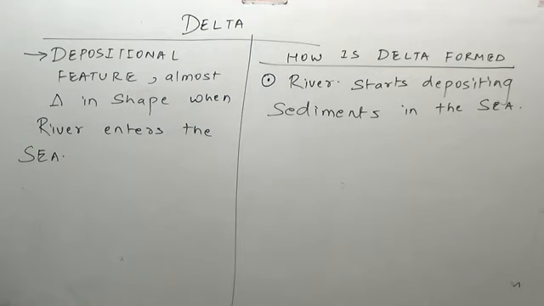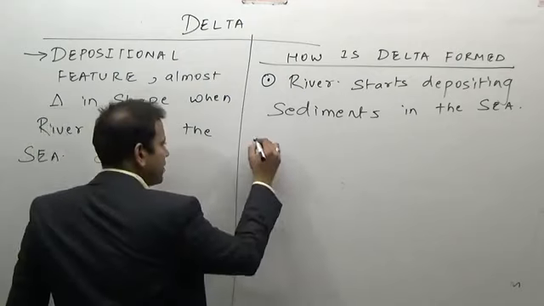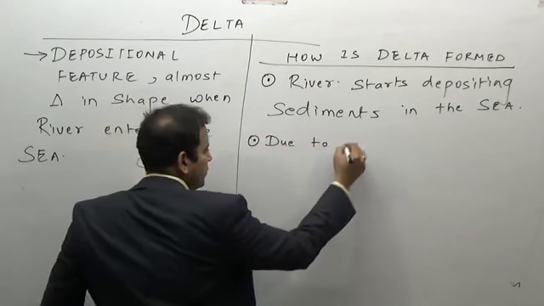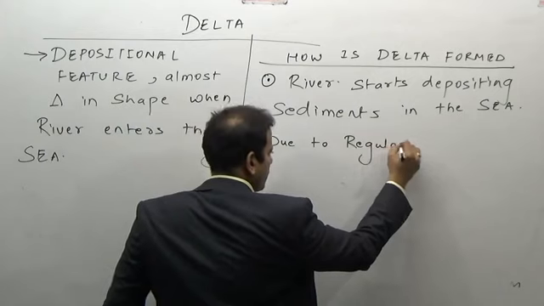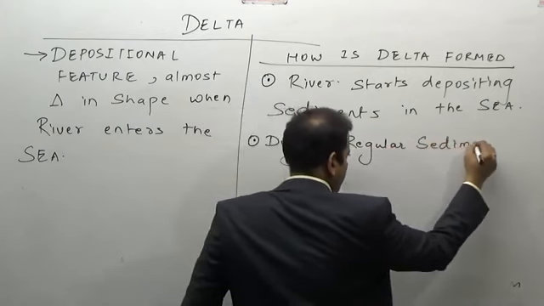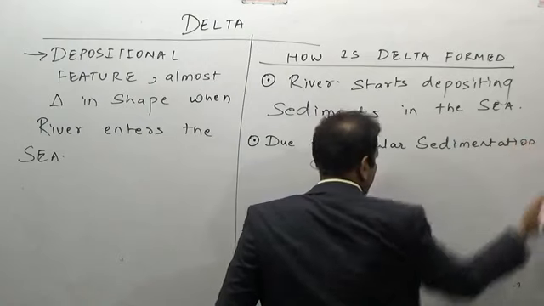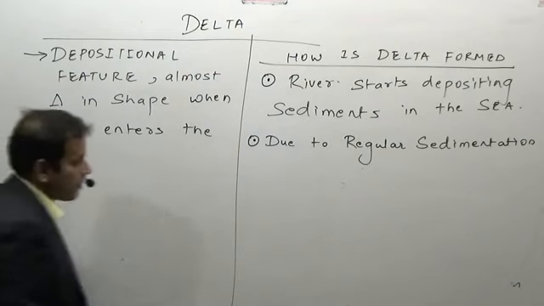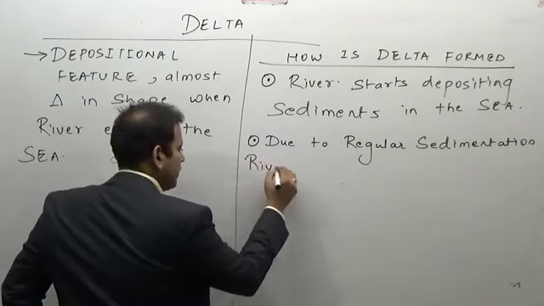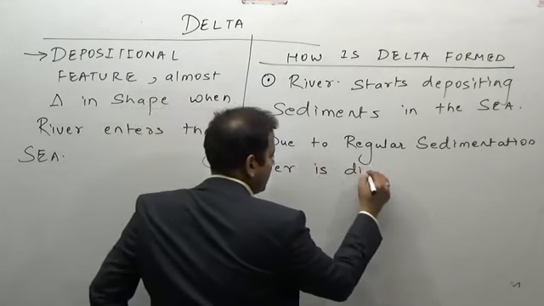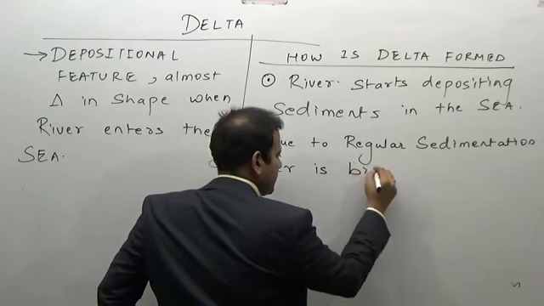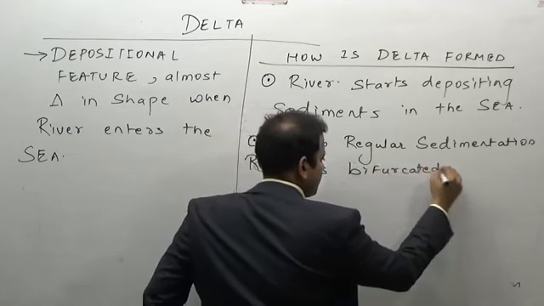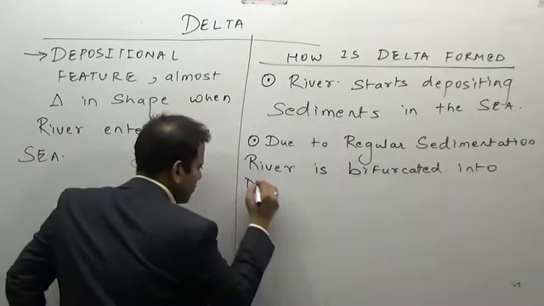Then, due to the regular sedimentation, the river is distributed into numerous distributaries.